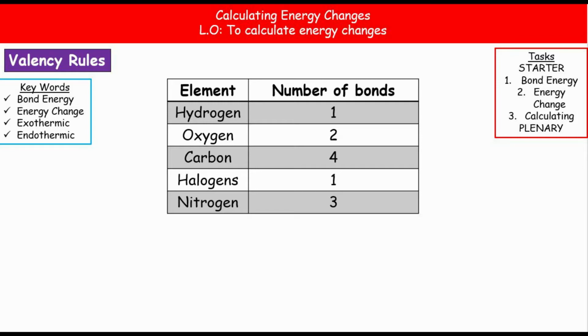So hydrogen can form a single bond, oxygen can form 2 bonds, carbon can form 4 bonds, the halogens, which are in group 7, can form 1 bond, and nitrogen can form 3 bonds. Now this is going to be really important for when we actually come to work out these particular calculations. So make sure you've got that little table jotted down. Those are the ones that are most likely to come up on any exam paper.